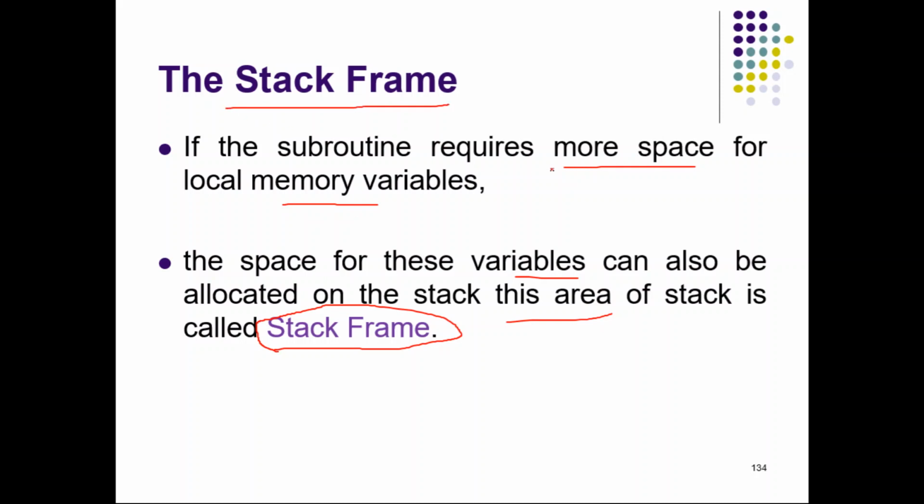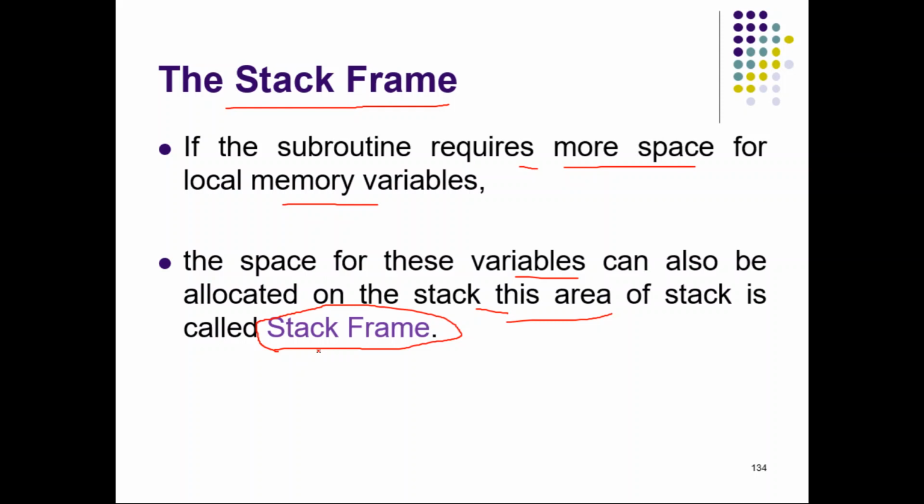If the subroutine requires more space for local variables, the space for these variables can also be allocated on the stack. So this area of the stack is called a stack frame. Stack frame is also a stack, but you can say it is a stack with a larger space.